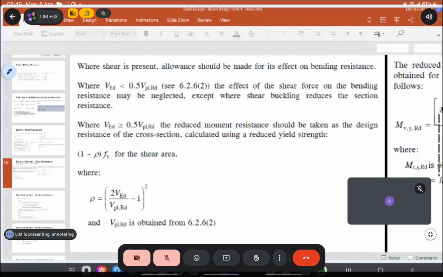If your design shear VED from the shear force diagram is less than 50% of the shear capacity, then the effect of shear force on bending resistance may be neglected.